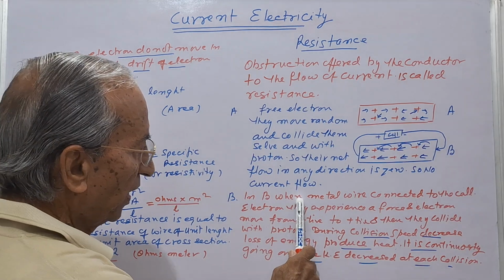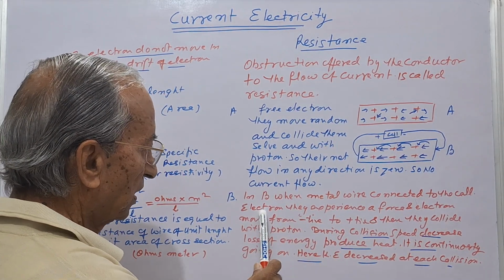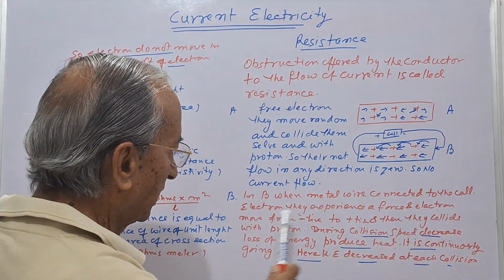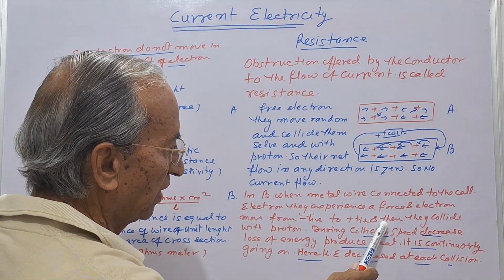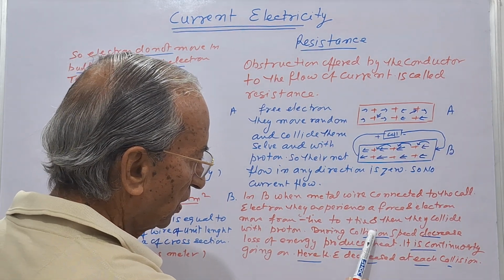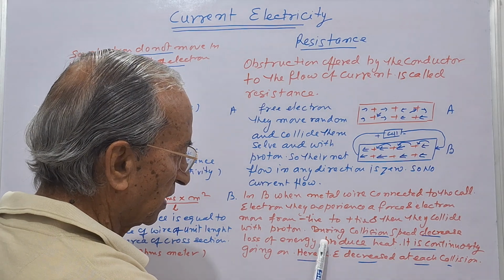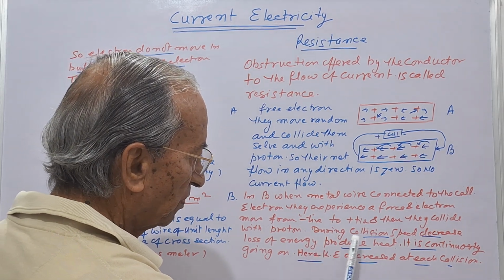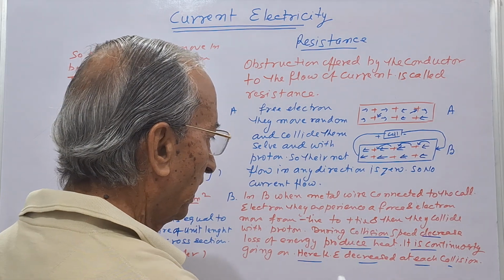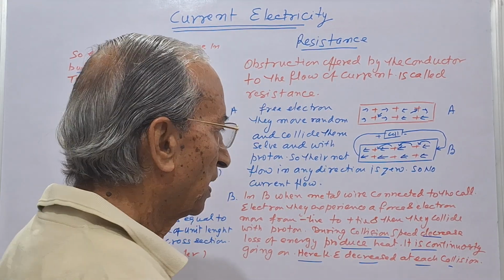So when a metal wire is connected to the cell, electrons experience the force and move from negative to the positive end and then collide with the protons. During collision, speed decreases and loss of energy takes place, producing heat. This continuously goes on, hence kinetic energy decreases at each step.